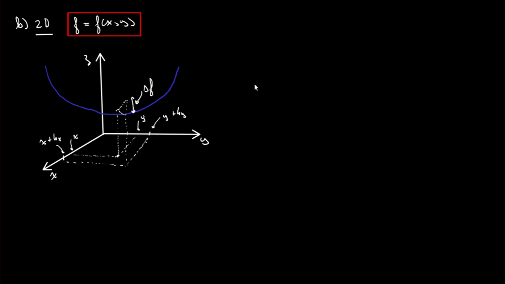We started here at a point with coordinates x and y, we moved from x to x plus hx and from y to y plus hy. And so we moved in the xy plane, and as a consequence, f of x and y changed to f of x and y plus delta f.